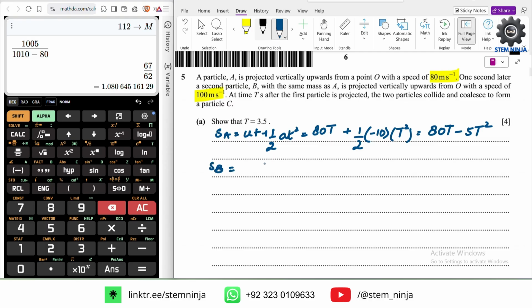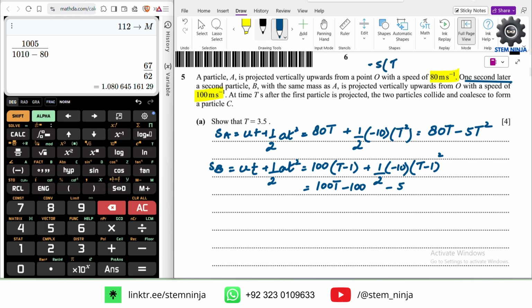Displacement of B would be ut plus half at squared: 100(t minus 1), because it's projected 1 second later, plus half times minus 10 times (t minus 1) whole squared. This can be simplified as 100t minus 100 minus 5(t squared minus 2t plus 1), so minus 5t squared plus 10t minus 5.